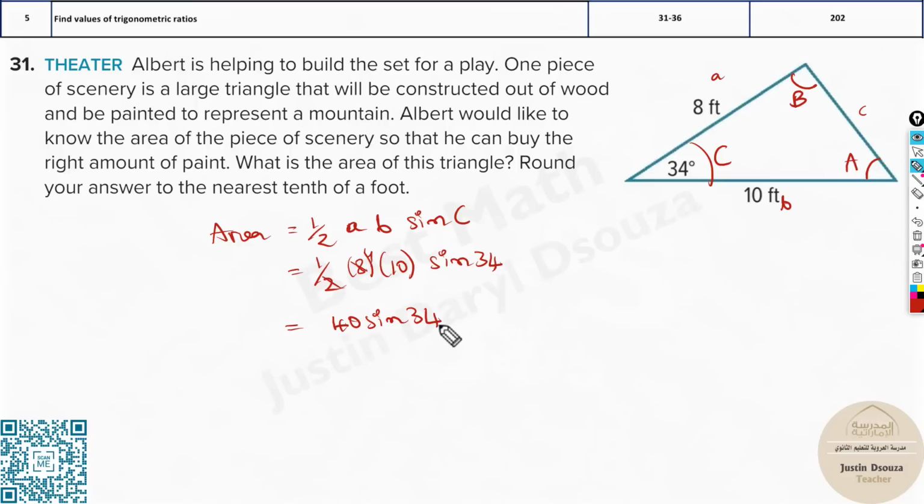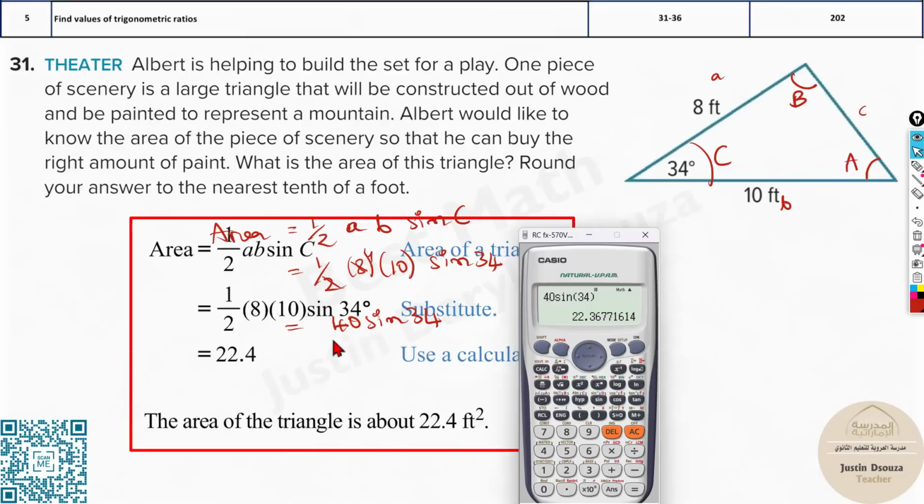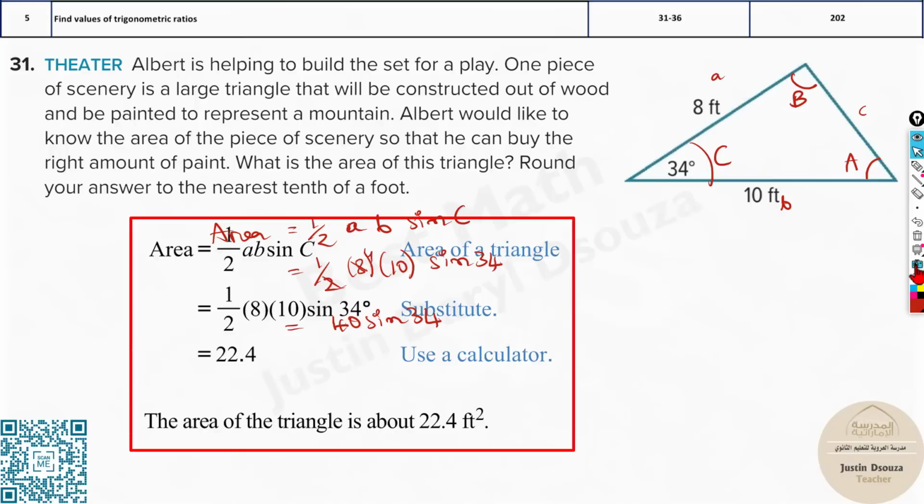That will be the area. And now use your calculators here. All we need to do is 40 sine 34 degrees. It's in degrees. Or you can just type this out, half into 8 into 10, that's fine. The answer is 22.36, but they have told nearest tenth. So it'll be 22.4. That'll be the answer. See, 22.36 will be approximated to 22.4.